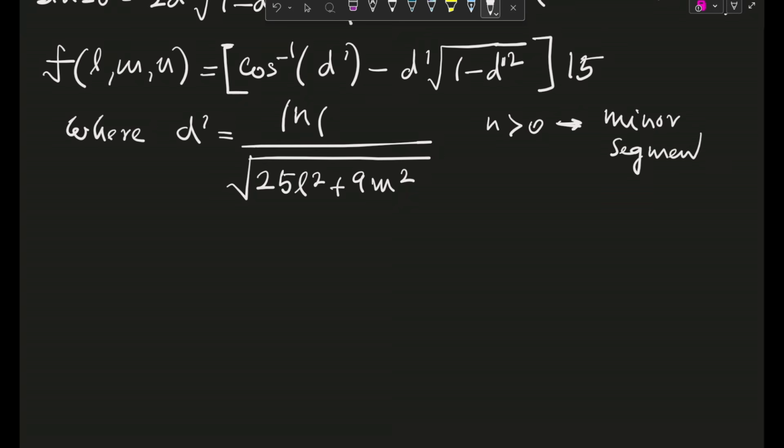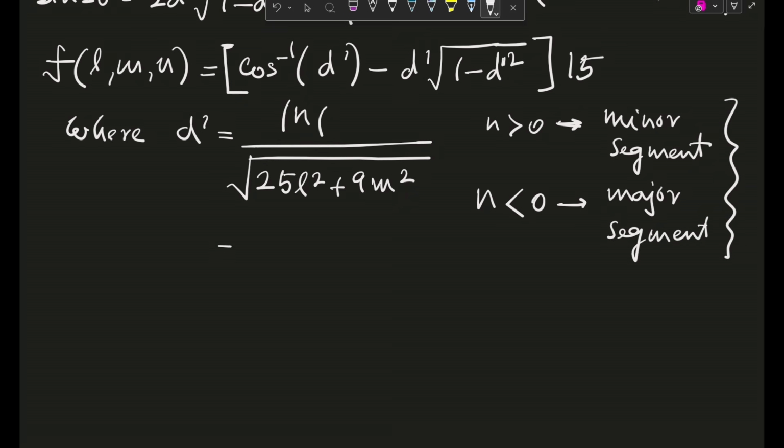Okay, but if n becomes less than 0, then this will become the area of the major segment. So that is something that you have to keep in mind. Okay, so you can directly write this as n by root 25L square plus 9M square.